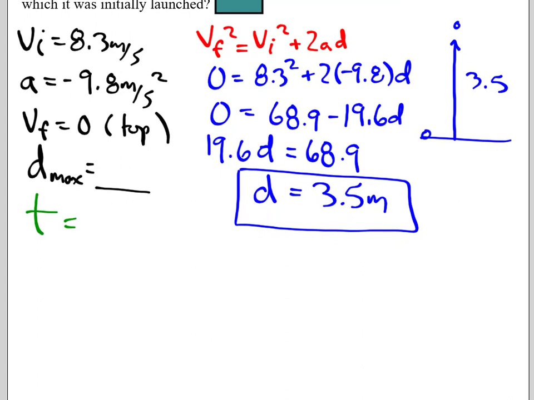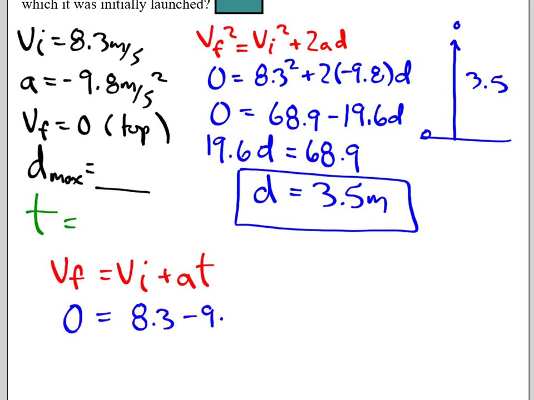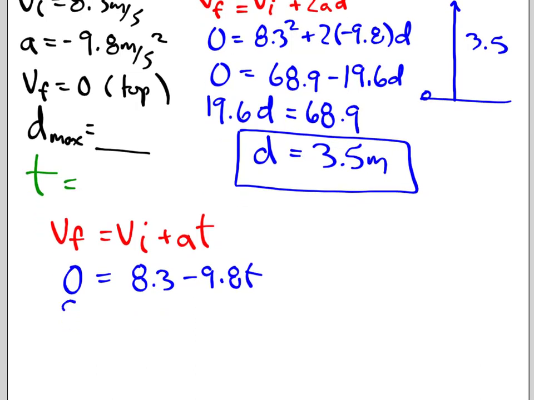So I'm looking at VF equals VI plus AT as my equation to use. I think it's number 2. I don't remember off the top of my head. So then we can jump in at the top. VF is 0. At the start it was 8.3, minus 9.8t. Rearrange and solve for t.